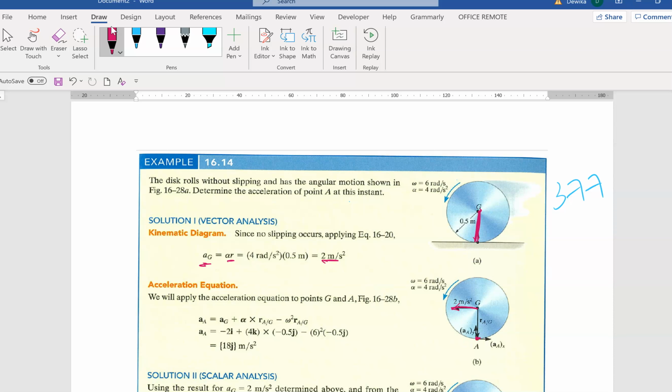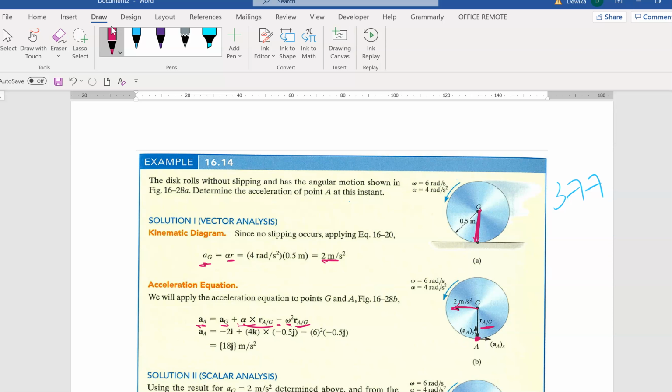Now you have to find it for A. What is the acceleration at A? Okay, RAG. Now let's write the formula: AA equals AG plus alpha cross RAG minus omega square RAG.